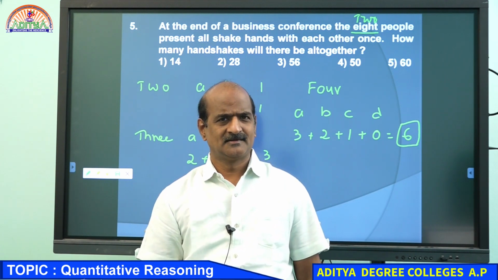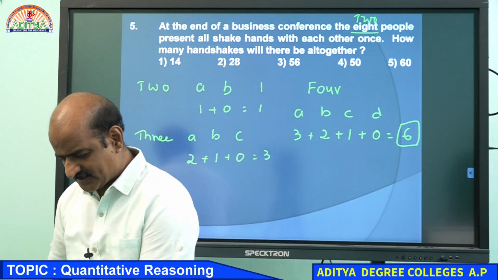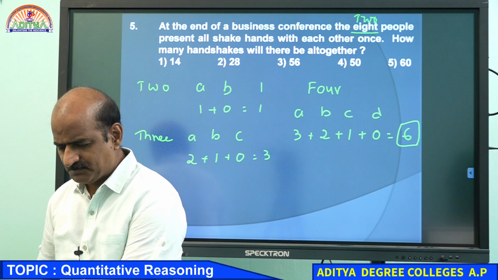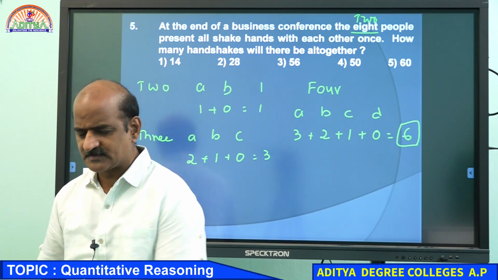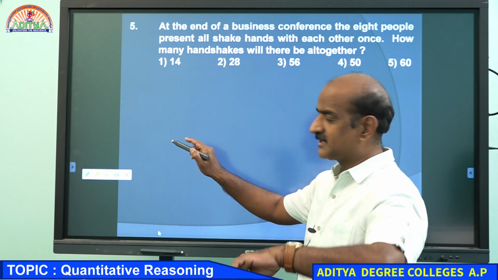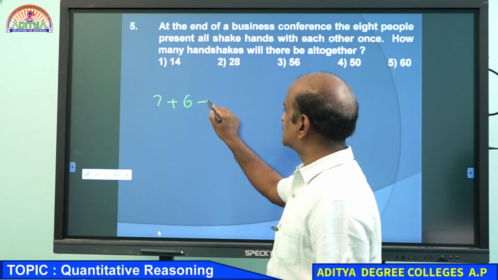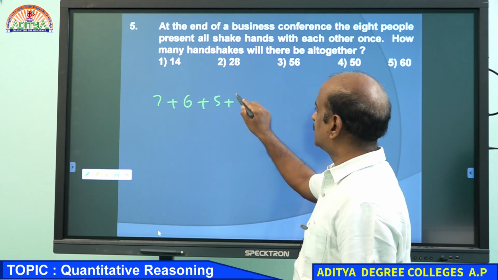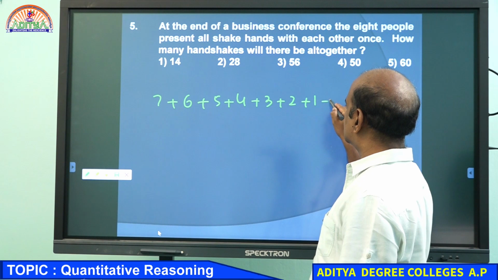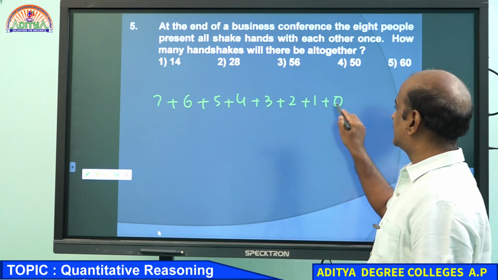Am I clear to you? I hope you understand, student. So this is what we call very simple common sense. And hence when there are 8 people present, therefore 7 plus 6 plus 5 plus 4 plus 3 plus 2 plus 1 and 0. 1, 2, 3, 4, 5, 6, 7, 8.